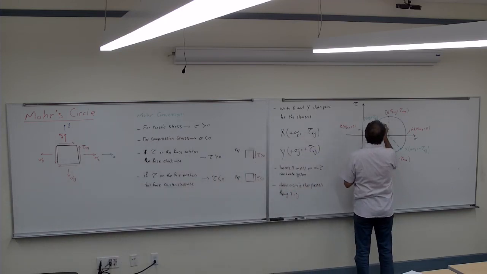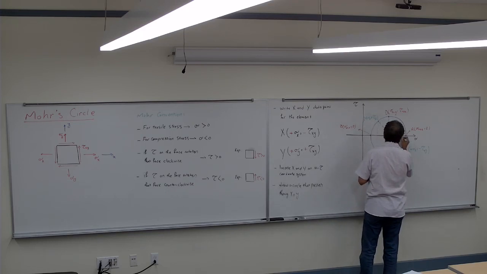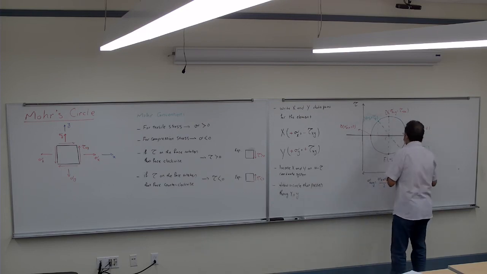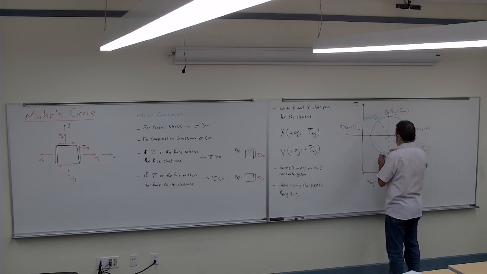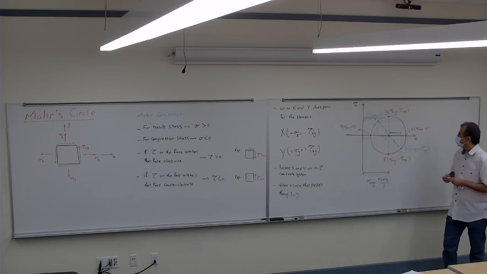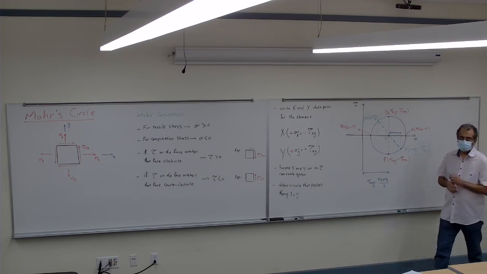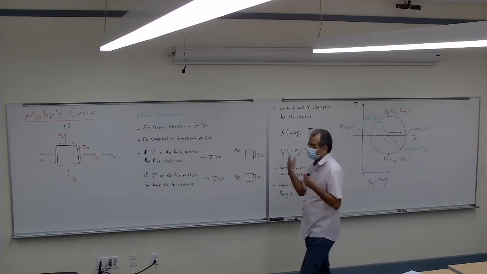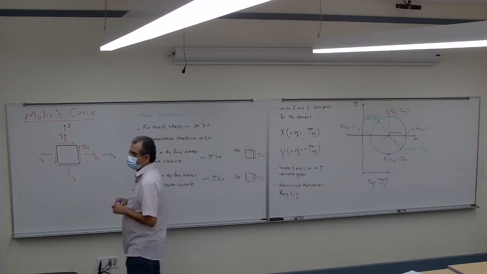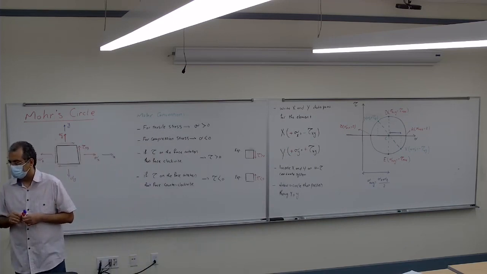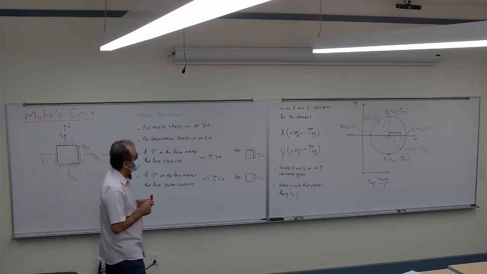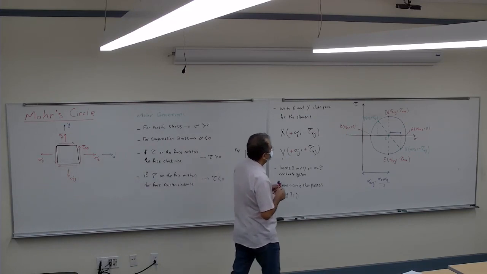If I drop from here down and from here up, what is this distance? I'm going to get it from trigonometry. Sigma x minus sigma average.